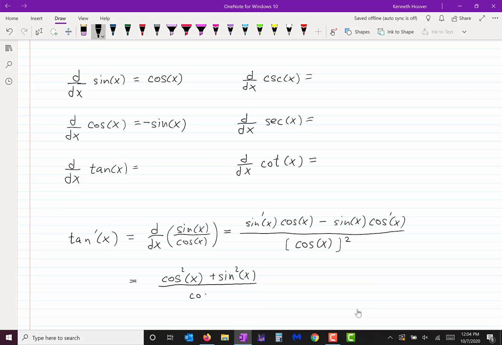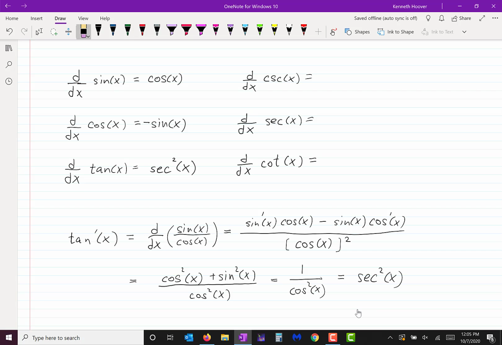And that is over cosine squared. Now, what's cosine squared plus sine squared? It equals 1, right? So there's the derivative of tangent. And I would encourage you to memorize it not as 1 over cosine squared, but as secant squared. You're going to need to know that one. All three of those you're going to need to have memorized, okay?